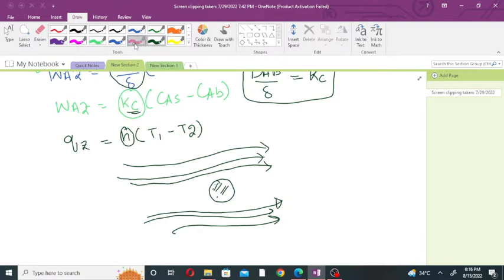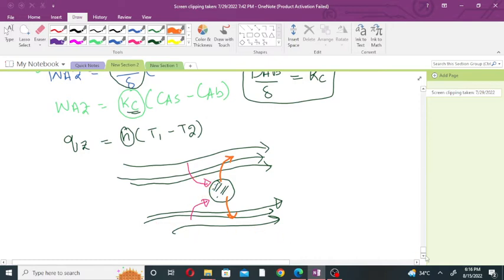Then heat will transfer either from the flow toward the spherical particle, or from the spherical particle to the cold fluid. If the fluid is cold, heat will transfer from the pellet to the fluid, or if the fluid is at a very high temperature, then heat will transfer from the fluid to the pellet.